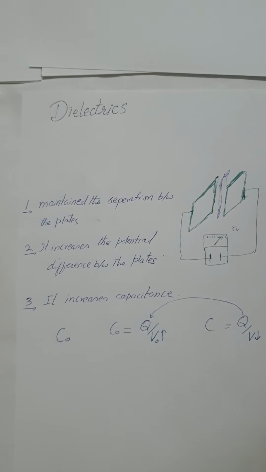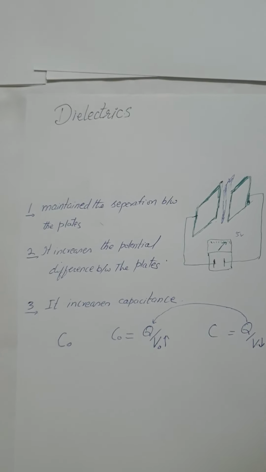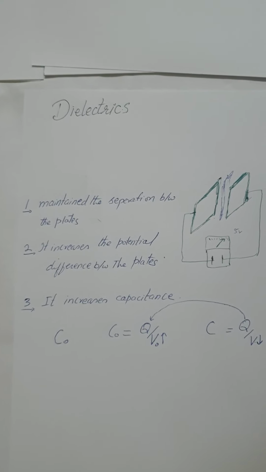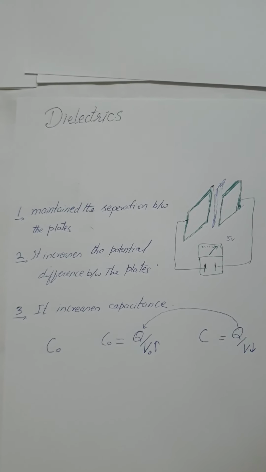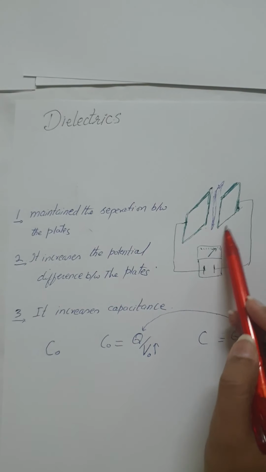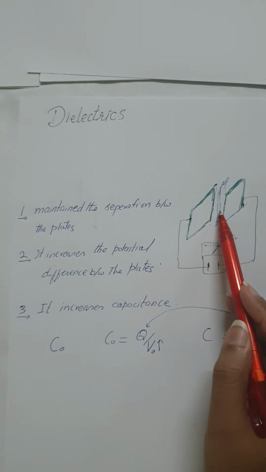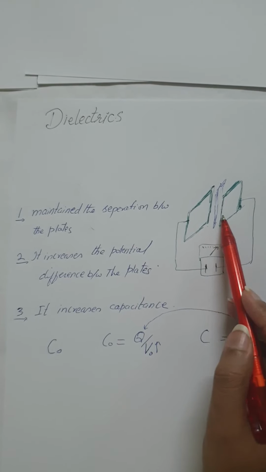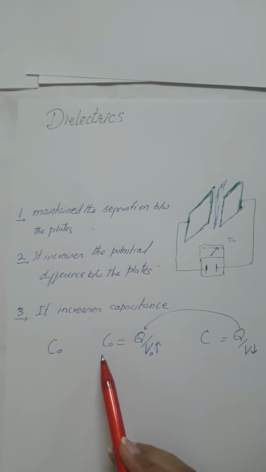So we can conclude that capacitance with the dielectric present is greater than C naught. So at this moment, when there is a dielectric in between the plates, the capacitance is higher. So C is higher as compared to C naught.